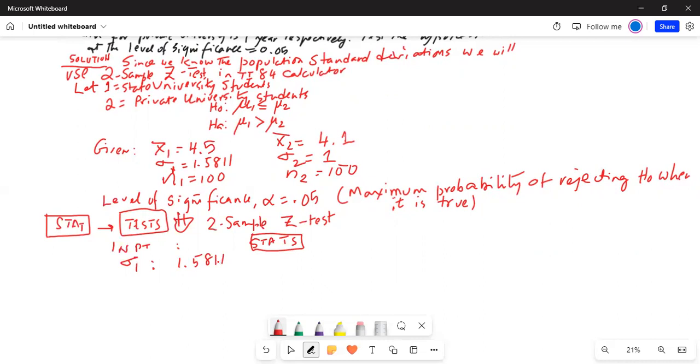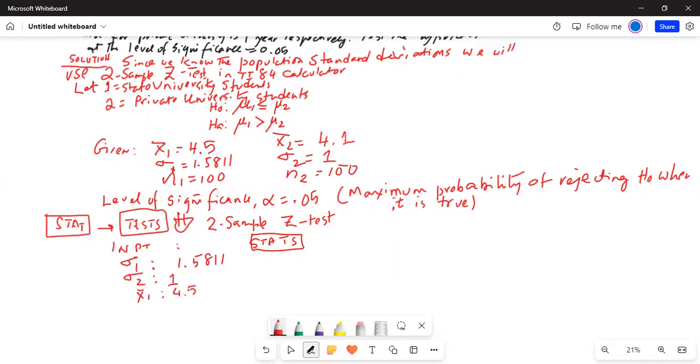So type in 1.5811. Sigma 2, the standard deviation of the private university students, is 1. So type in 1 for sigma 2. For x1 bar, it is 4.5.